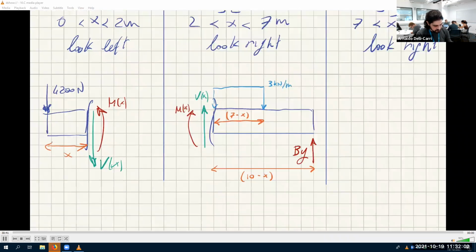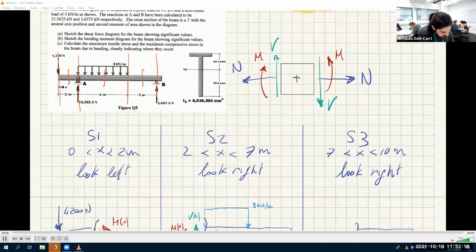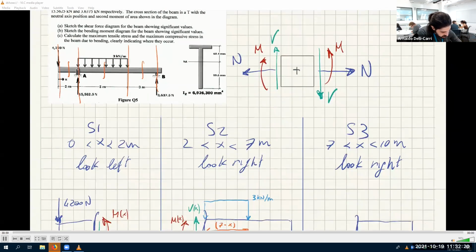And finally, the last free body diagram. This is the cut. We still have BY here. We don't have the distributed load anymore. So I'm just drawing this part, so I only have that force.